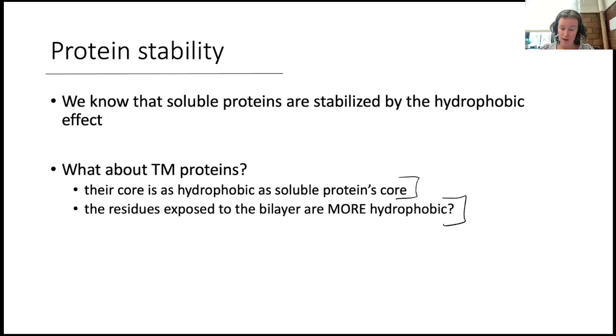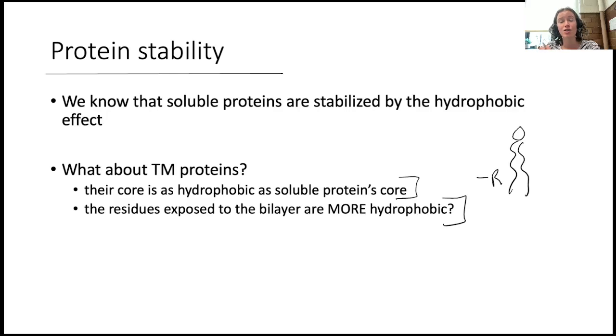Well, if you think about any R group sticking out and interacting with lipid tails of a phospholipid, we should be able to understand through the hydrophobic effect that this interaction must be very nonpolar. Otherwise, the entropy of something, maybe the lipid tails, for example, would be greatly decreased if the R group were polar.